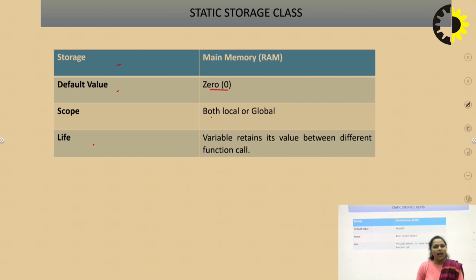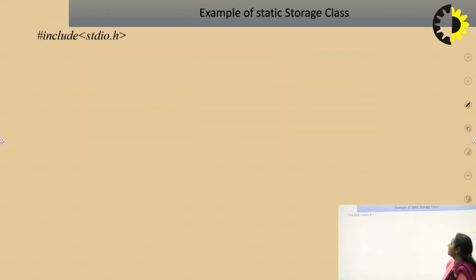The incremented value of i is not reflected in the second or third function call. But in case of static, that particular value is reflected in the different function calls. We can see this with the particular example.